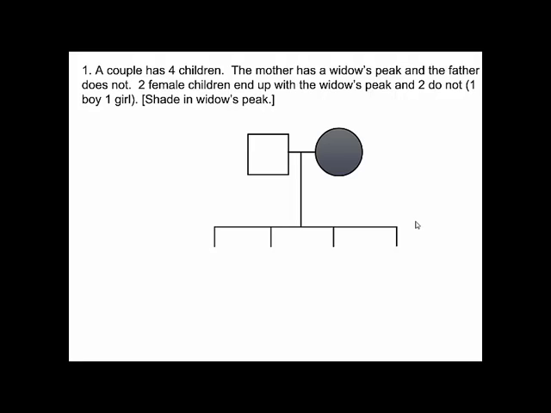For female children, the shape is 2 circles, and they're shaded in. So we have 2 girls, 2 circles shaded in.